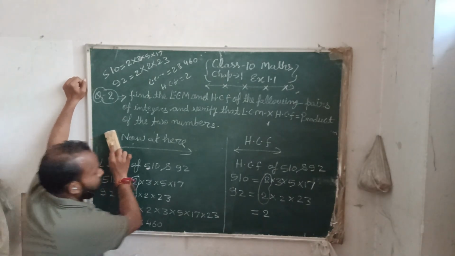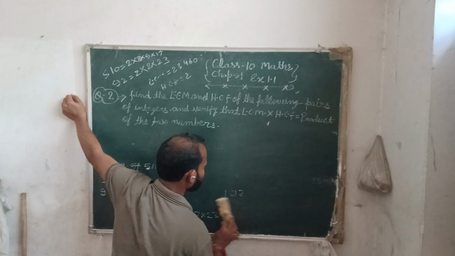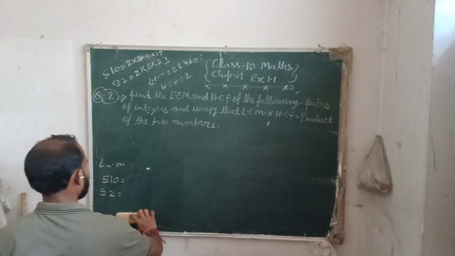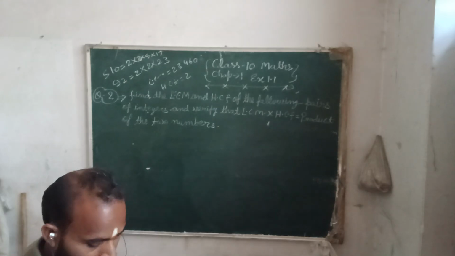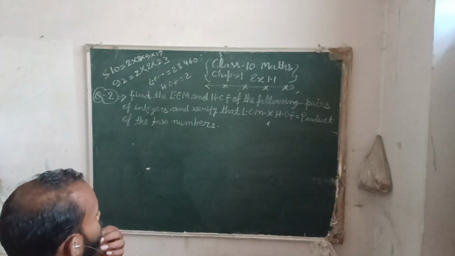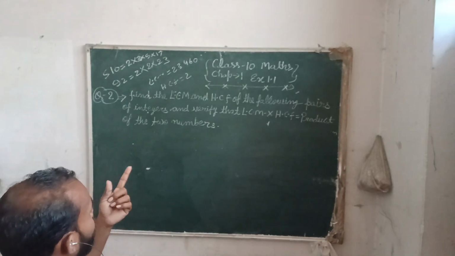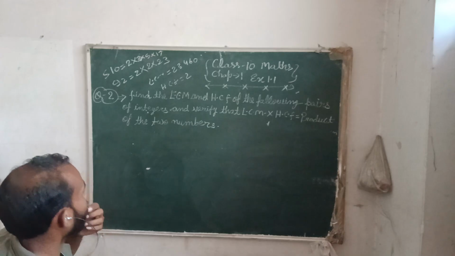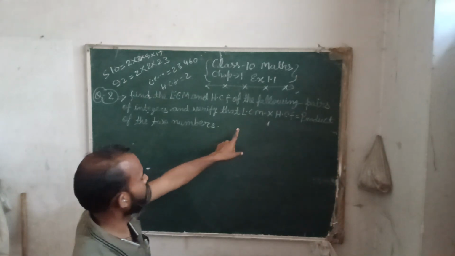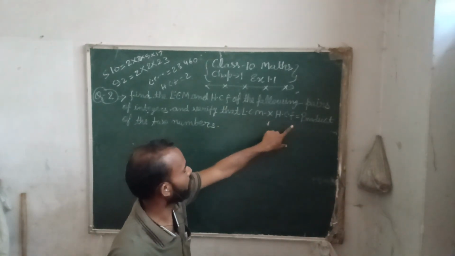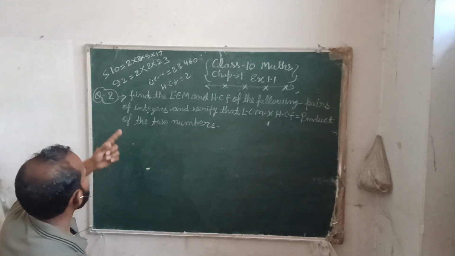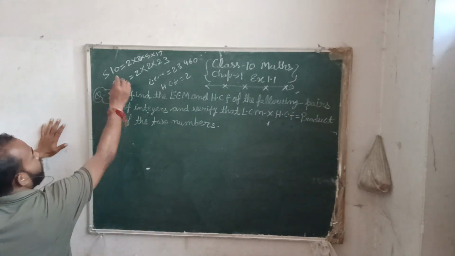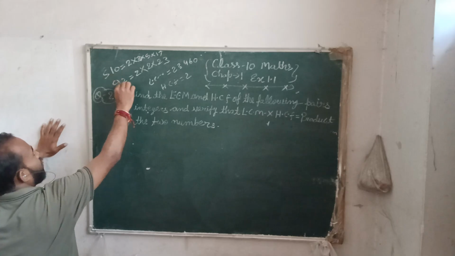Now let's see, my students, I will apply the process based on this heading. What does this heading say? This heading says LCM into HCF equals the product of both numbers. Both numbers are 510 and 92.